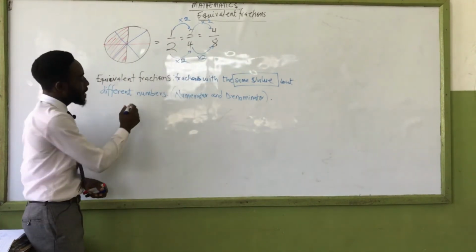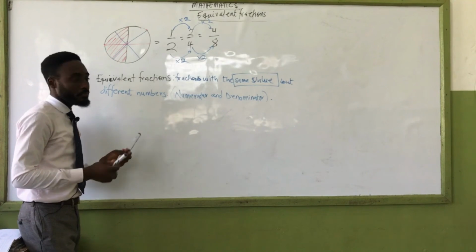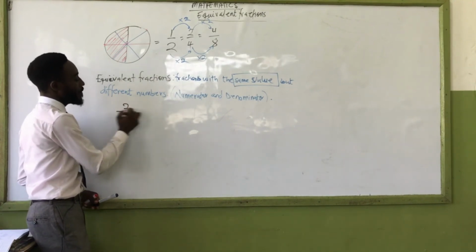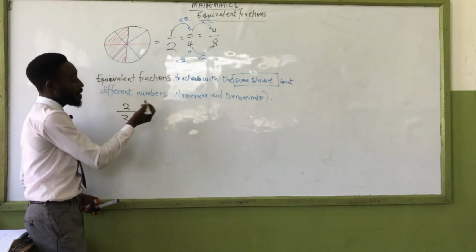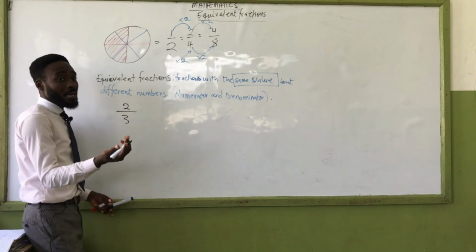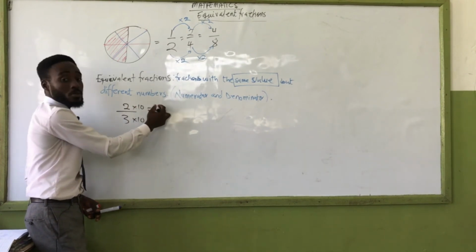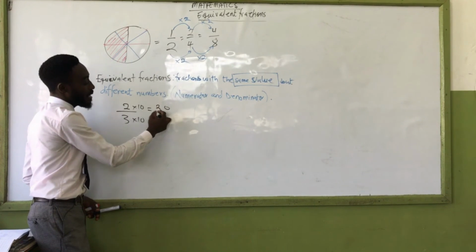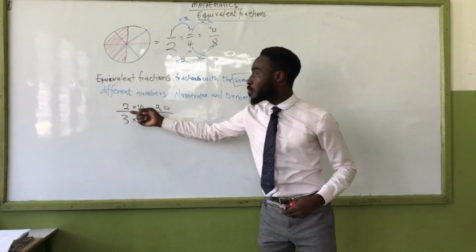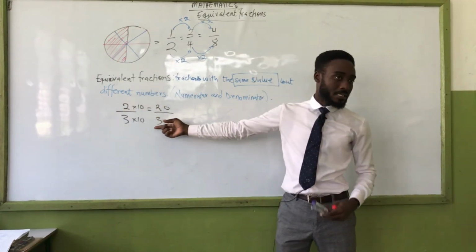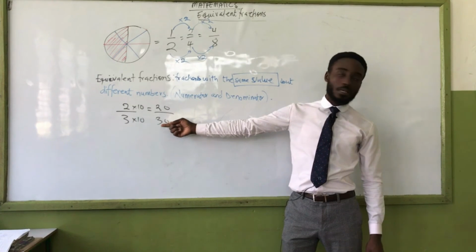Quickly write equivalent fractions for this number. Let me do the first, 2 over 3. I can just take any number at all, maybe 2 times 10, 3 times 10. 2 times 10 is 20. 3 times 10 is 30, right? So we have 20 out of 30.